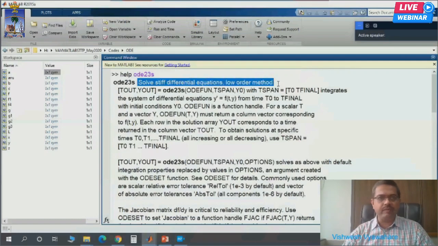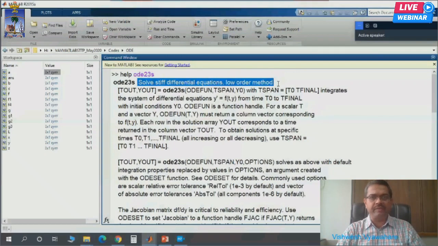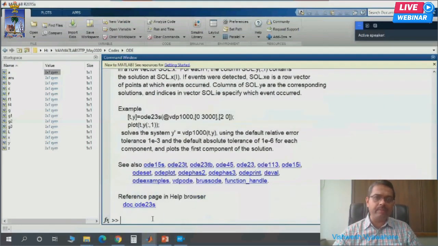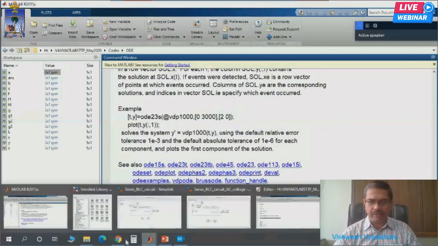So ode45 that we saw was for non-stiff differential equations, and this is for stiff differential equations. Generally circuit theory equations where you have a switching action involved have that discontinuity, and those are the stiff differential equations. We will see that in simulation.